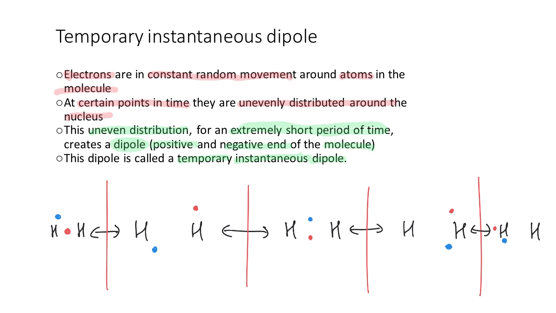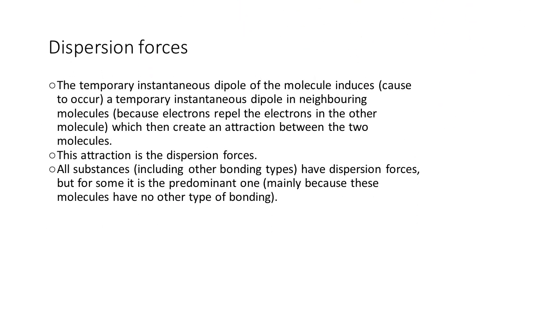The temporary instantaneous dipole of a molecule can induce, which means cause to occur, a temporary instantaneous dipole in a neighboring molecule, because electrons repel each other, which can create an attraction between the two molecules.